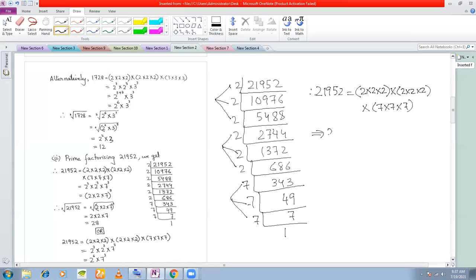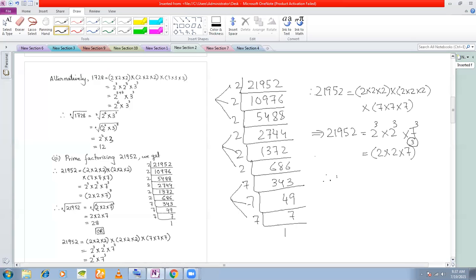That means now you can write 21952 as 2 cube into 2 cube into 7 cube, which you can write as 2 into 2 into 7 whole cube. This has been expressed as a cube, power 3.